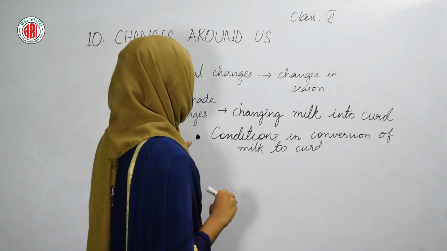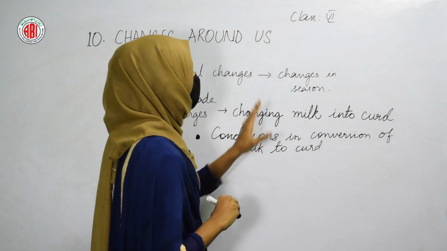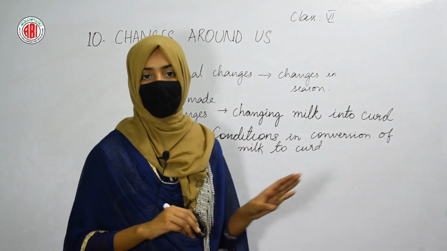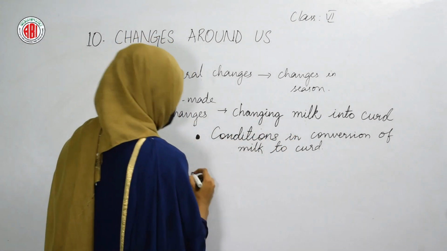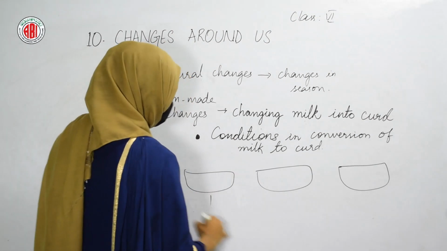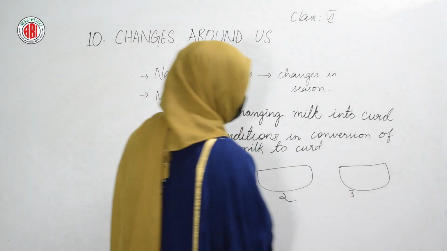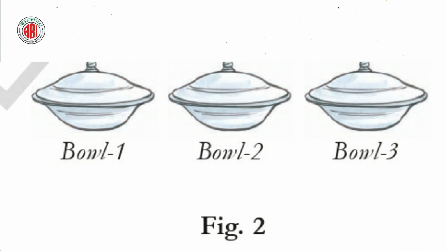Now we are going to discuss some conditions in the conversion of milk to curd. Here we will be taking 3 bowls, bowl 1, bowl 2 and bowl 3. In the first bowl, we are going to pour cold milk. In the second bowl, we will pour warm milk.